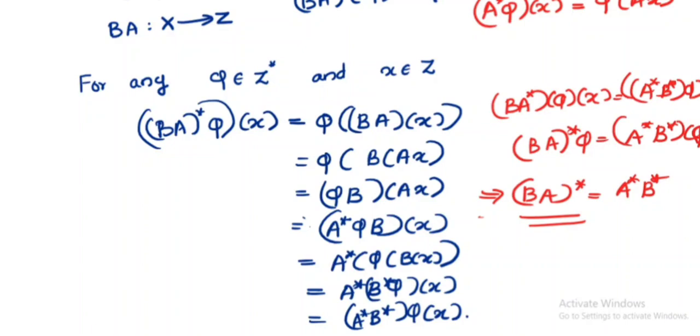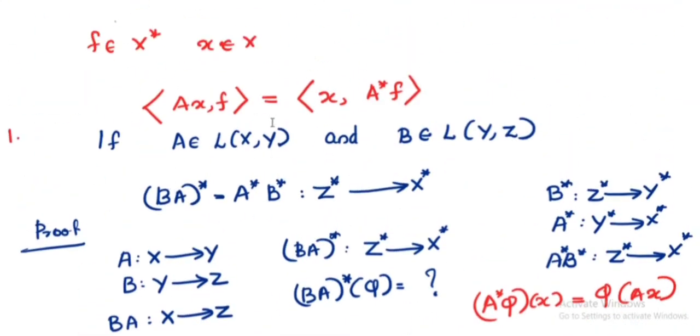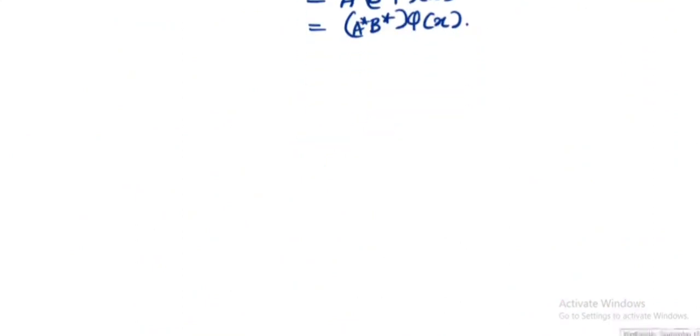Now, we have this notation actually: Ax f is equal to x A star f. So in the case of Hilbert spaces, for any A belongs to L(H1, H2), that means a bounded linear map from H1 to H2, we denote the adjoint operator.